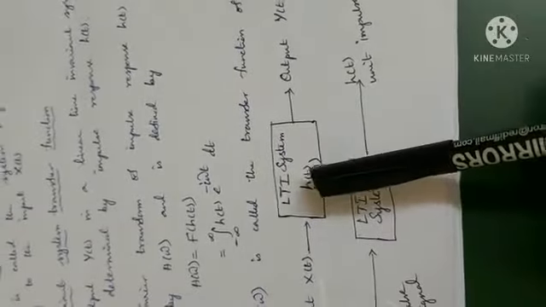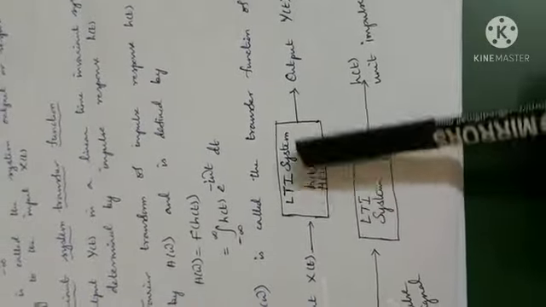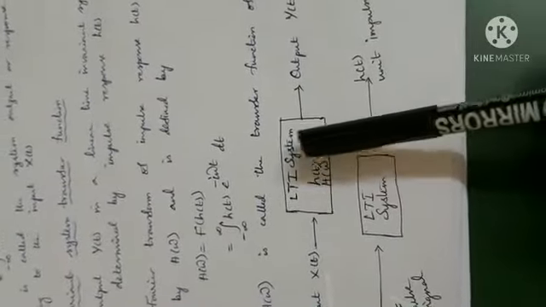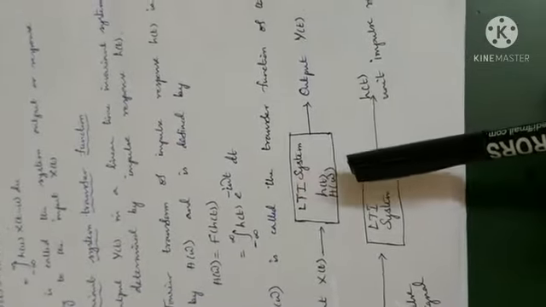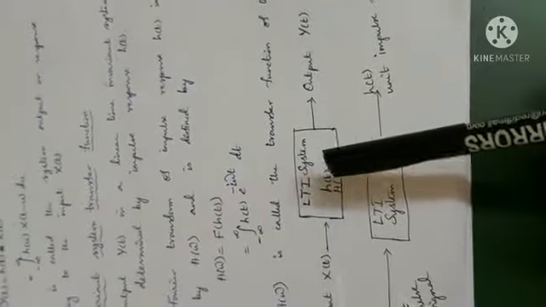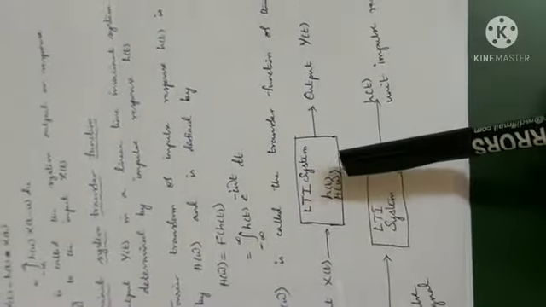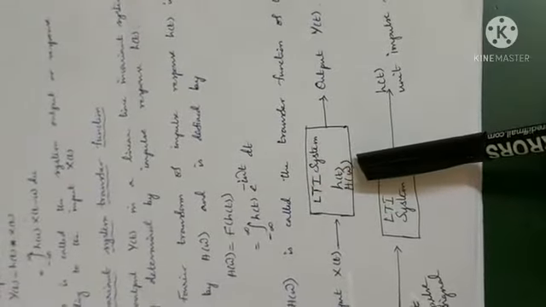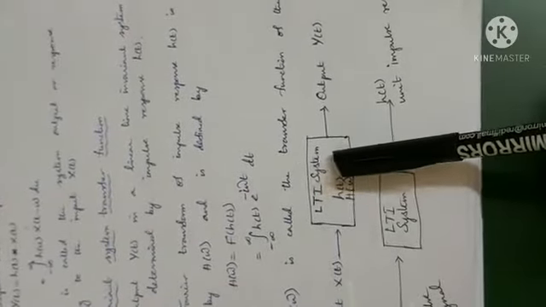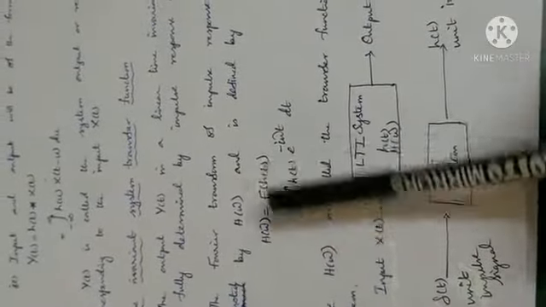And h of t is called the impulse response function. We get h of omega from h of t, where h of omega is equal to the Fourier transform of h of t.